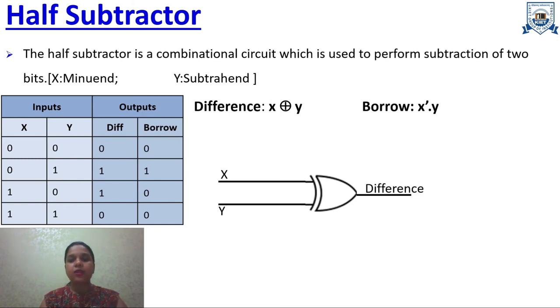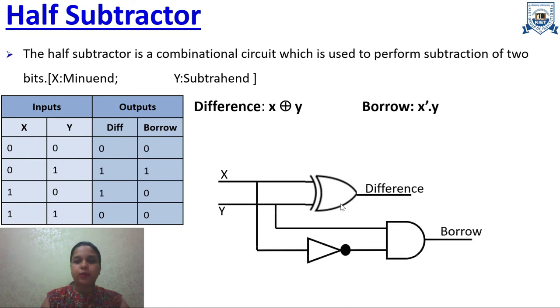So this is the logic diagram for the half subtractor, where the difference is X XOR Y. So for X XOR Y, we have applied two inputs X and Y. An XOR gate is designed here and the difference is produced. Next is borrow. So for borrow, I want X bar. So X is the input here, and to this I have applied a NOT gate.